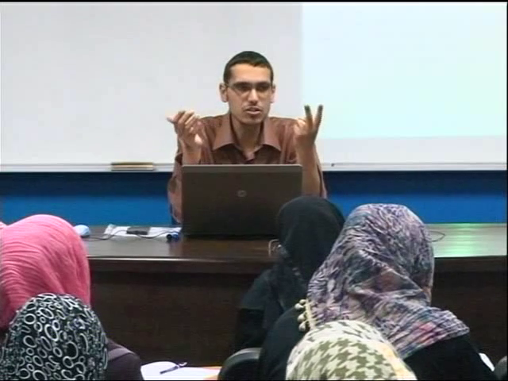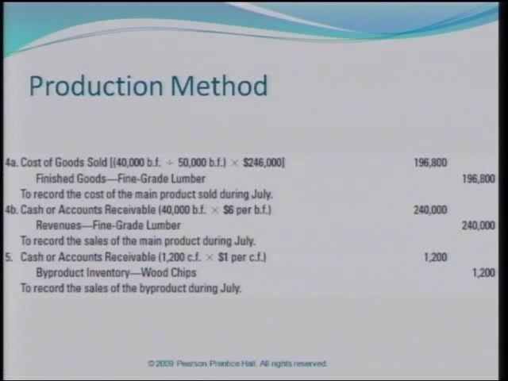Of course, here we are using a perpetual system. Of course, using a perpetual system, we would have two different journal entries. The first to recognize the cost of goods sold, and the second to recognize the sales value or the revenue.